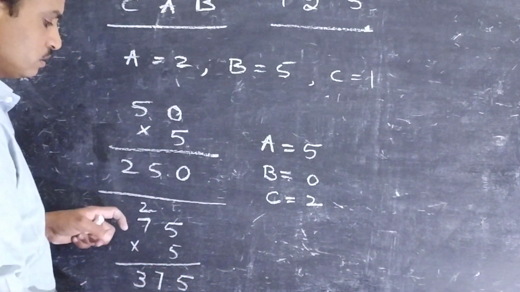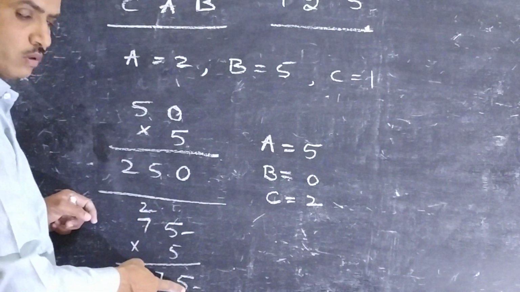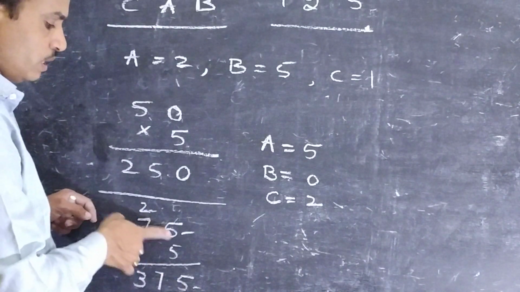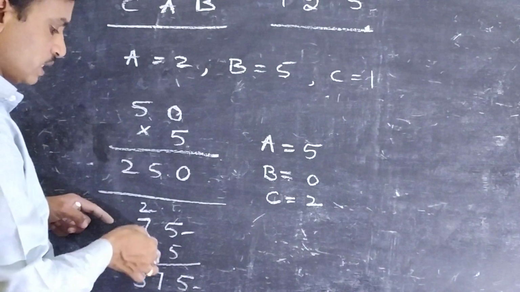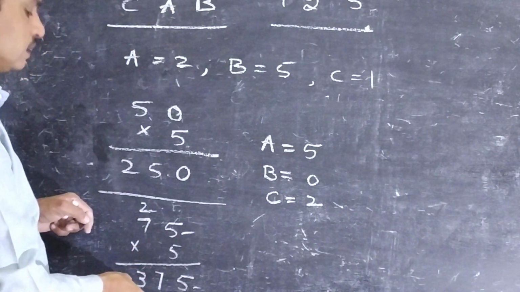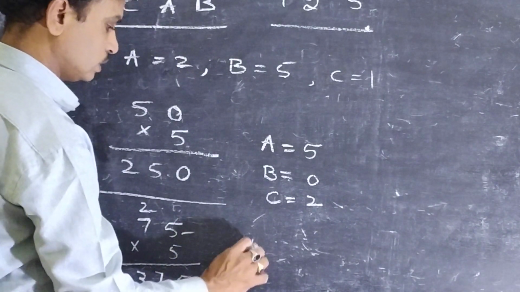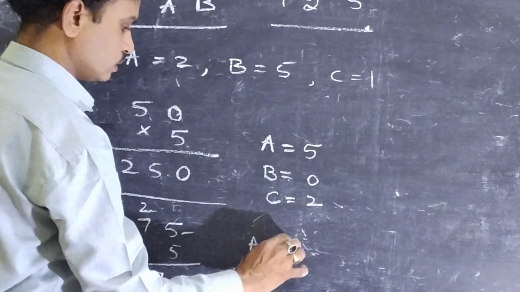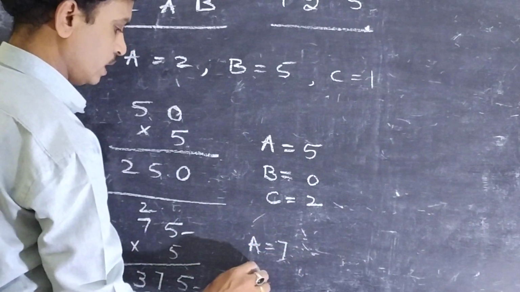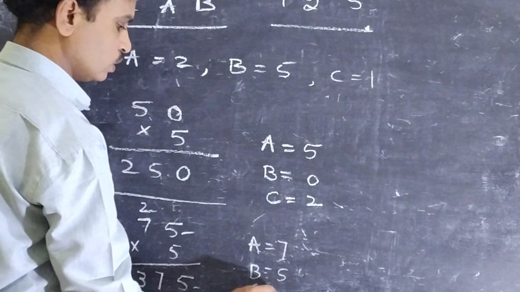Now check it. Same digit we got here, 5, 5. That means B we can take 5. Then 7, 7. That means A is equal to 7. Then C is equal to 3. So this is also one possible. So A is equal to 7, then B is equal to 5, then C is equal to 3.